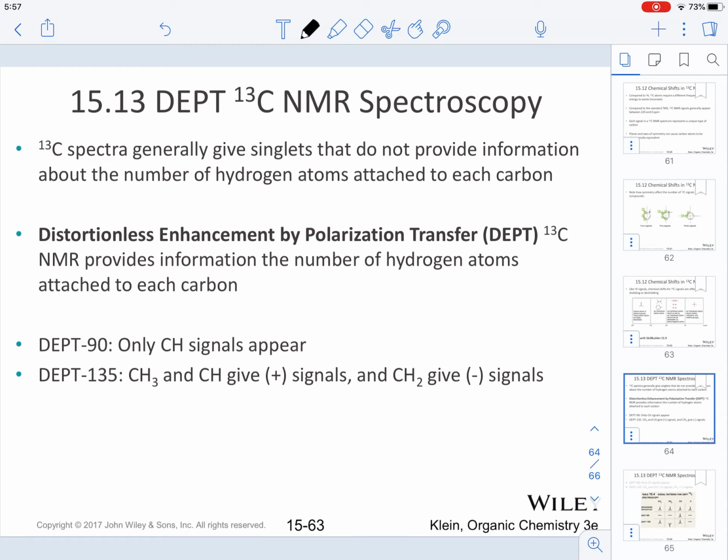In order for this technique to work, you are going to do, in essence, 3 different experiments to gather all the data.